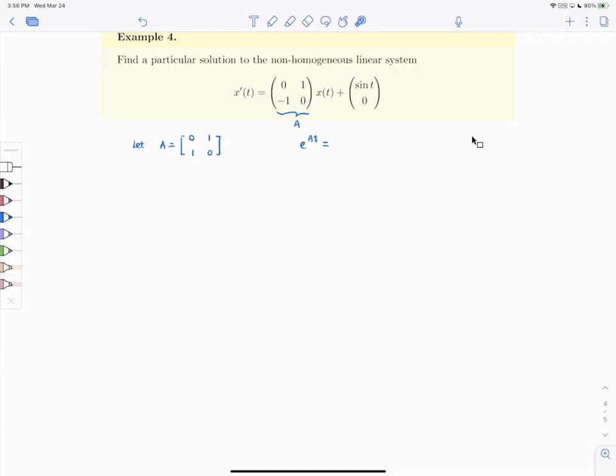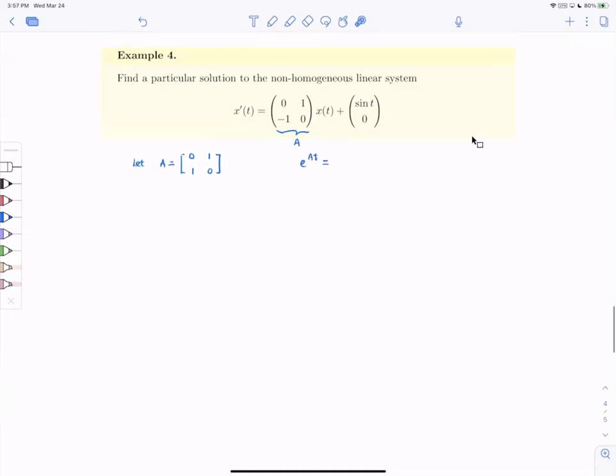So I'll write it here in case we run out of time. If you use matrix exponential, then in this case xp equals e to the At, here's t, and integral from 0 to t, e to the minus As, and this is my g, let's call it g(s), because I don't want you to put that in.